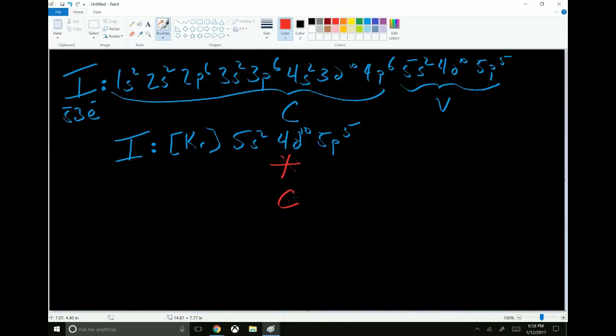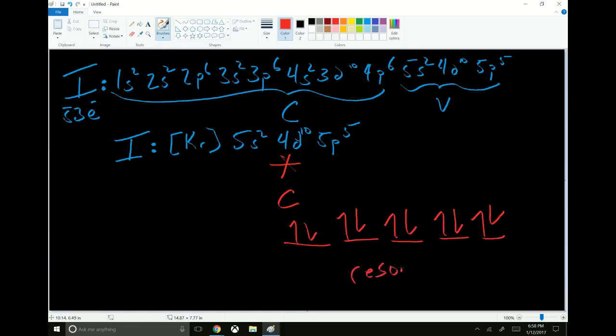So the D electrons for iodine, sorry for the interruption, act as core electrons because the subshell is completely full of electrons, and a full subshell like that has lots and lots of resonance. So all that resonance means that full D subshell does not react.